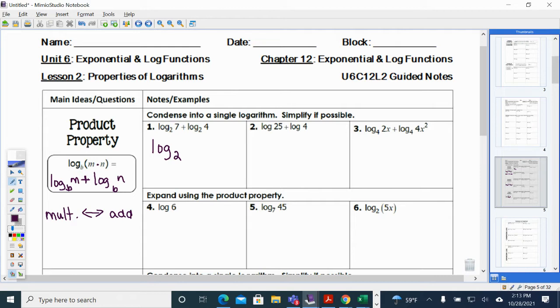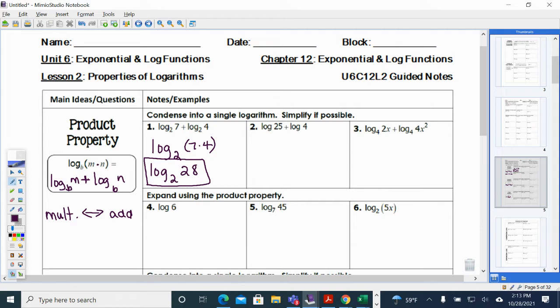Now, if your bases on the 2 logs are different, then you cannot do this step. We're going to multiply the 7 times the 4. According to the rule, that's what we do. So it's log base 2 of 7 times 4, which is 28. Now, that does not reduce easily. We would have to put that in the calculator, and we'd get a decimal answer, so we're just going to leave it just like that.